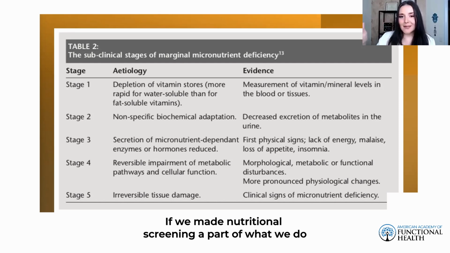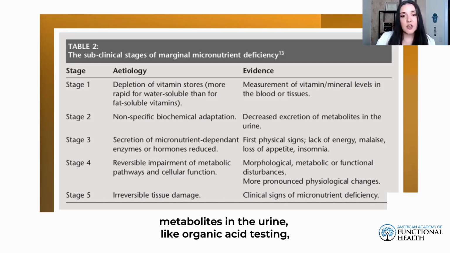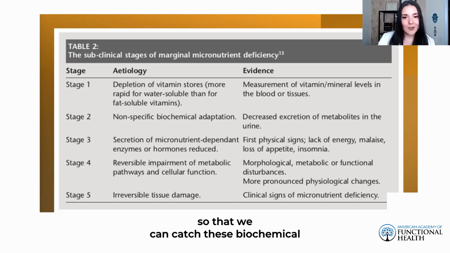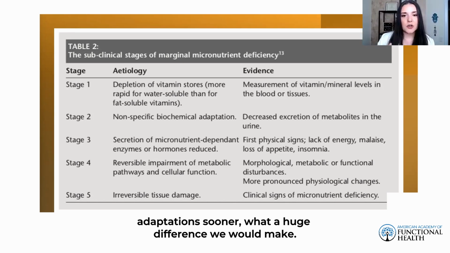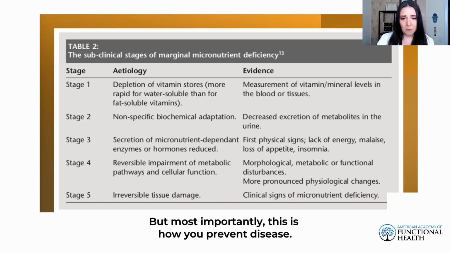If we made nutritional screening a part of what we do annually or semi-annually as we're screening for disease risk, if we started to utilize metabolic metabolites in the urine, like organic acid testing, so that we can catch these biochemical adaptations sooner, what a huge difference we would make. We would certainly prevent some of the side effects and issues associated with deficiencies, but most importantly, this is how you prevent disease.